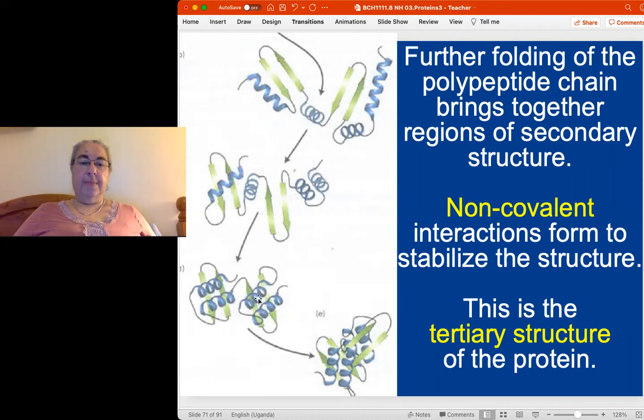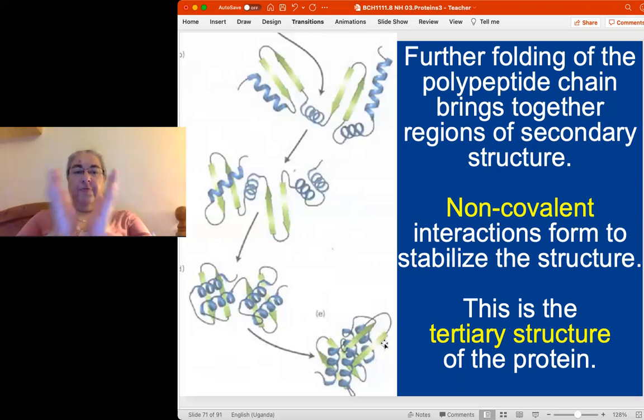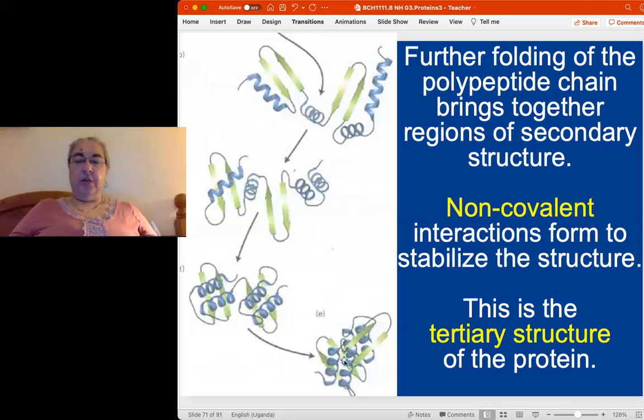So two similar structures being formed as the protein folds up. And another folding brings together these two elements of structure into an interaction between them.